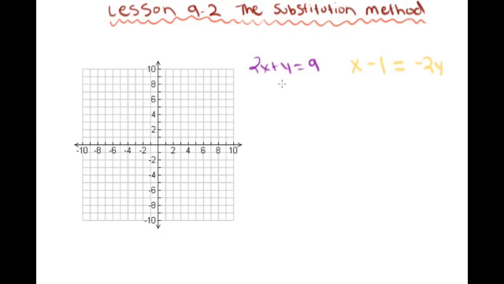2x plus y equals 9. So y is equal to negative 2x plus 9 if we put it into slope-intercept form. So that means our y-intercept is at positive 9. So we put a dot at positive 9, and it's negative 2, so the slope is negative 2.